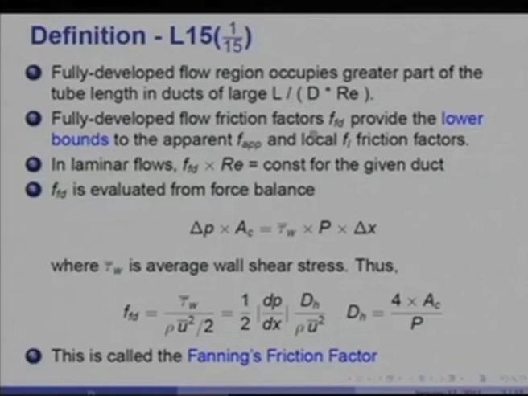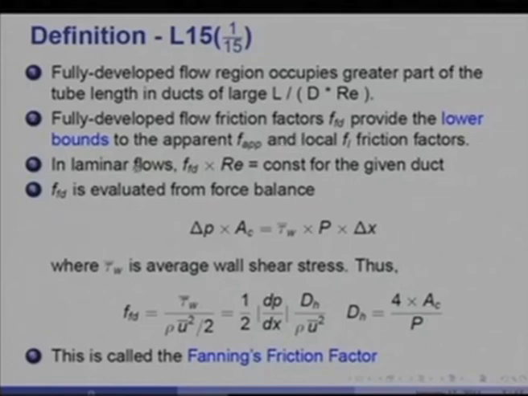Fully developed flow friction factor F sub FD provides the lower bound to the apparent friction factor as well as the local friction factor. These two were evaluated for flow between parallel plates during our last lecture.